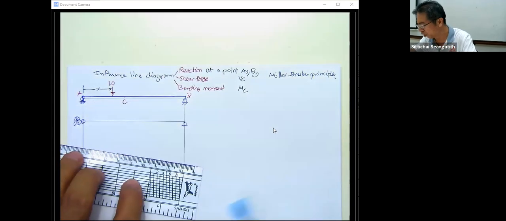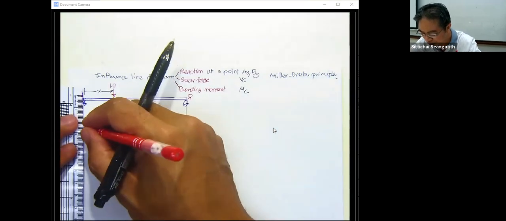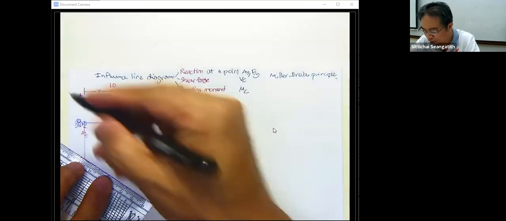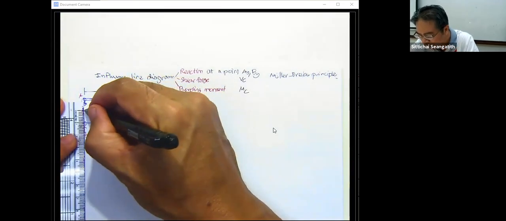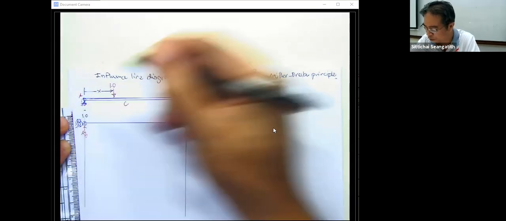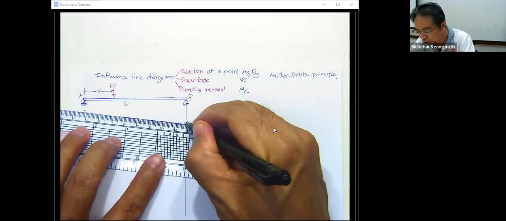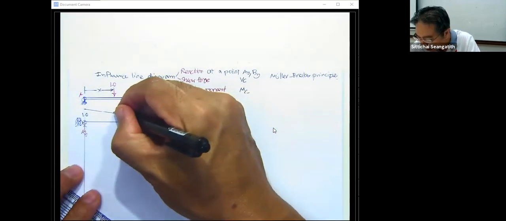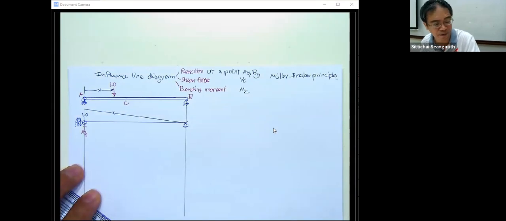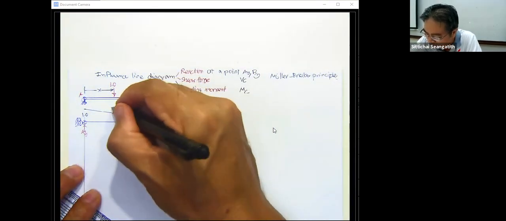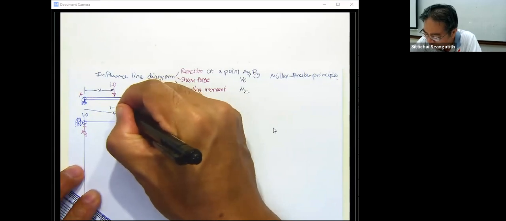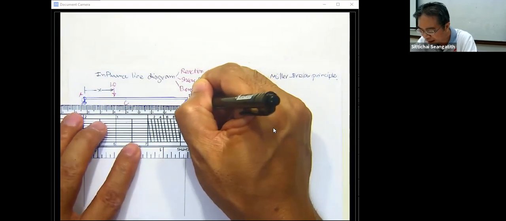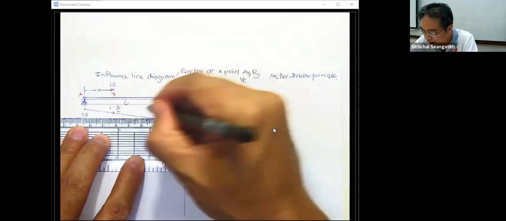So this changes to a roller, and then you move this one up by A sub y for 1 unit, that is 1.0. This is the rotating point. You get this one as the influence line, and the coordinate of this, from the previous lecture, is 1 minus x over L, if the beam has the length L.